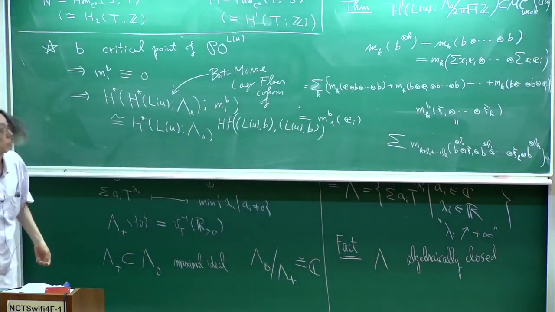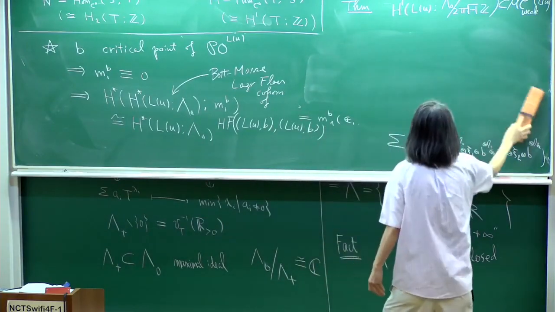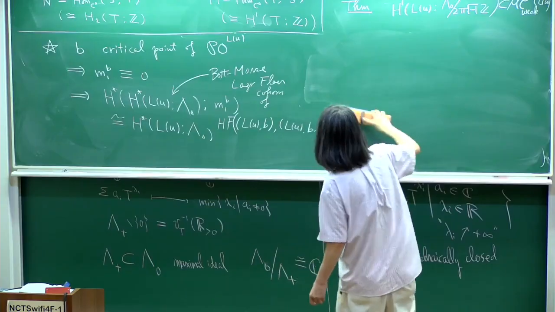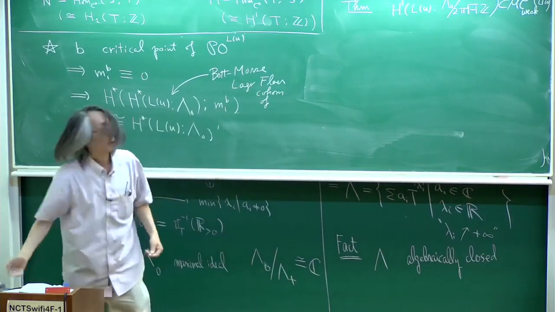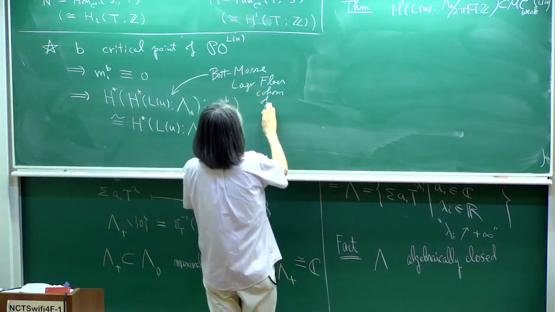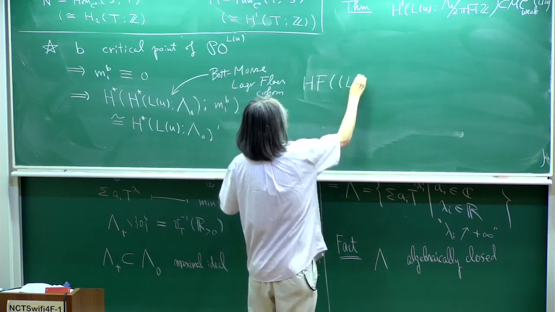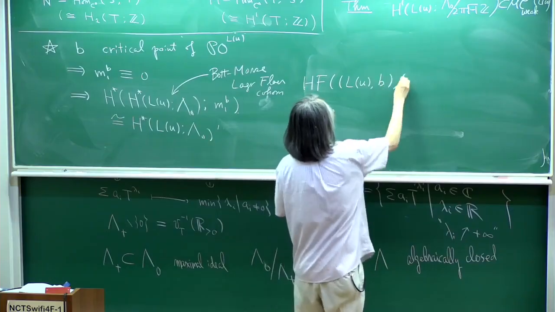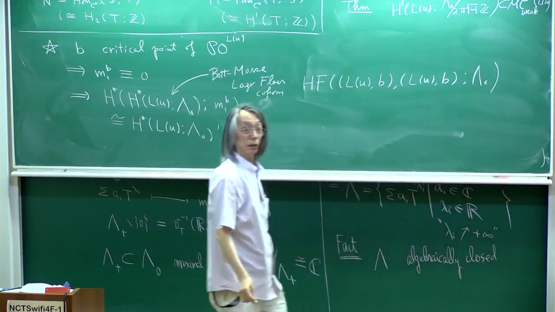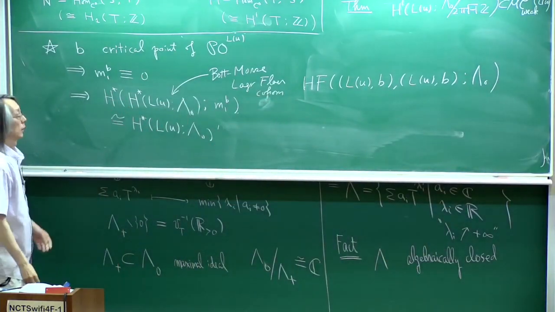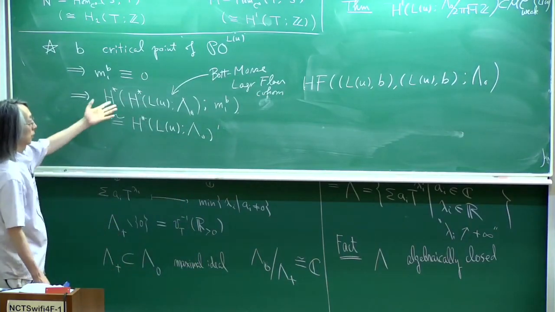Okay. So maybe better to erase this. Like this. So this one is HF. In this case, I still use the lambda 0. But this one dies.